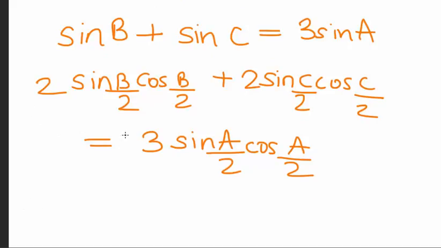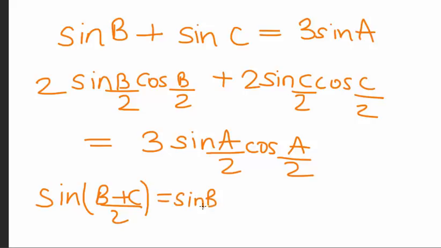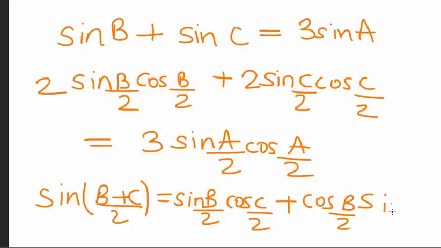If you observe this form, it looks very familiar to something like sine of b plus c by 2. So sine of b plus c by 2 is equal to sine b by 2 cosine of c by 2 plus cosine of b by 2 times sine of c by 2, right?